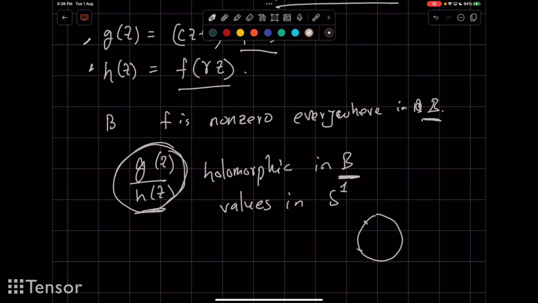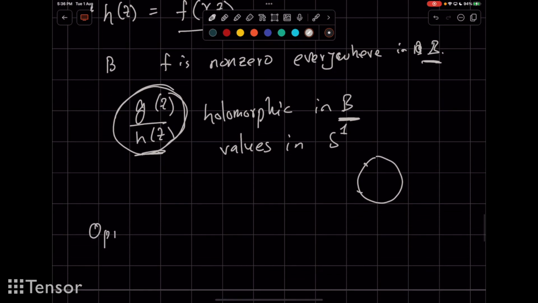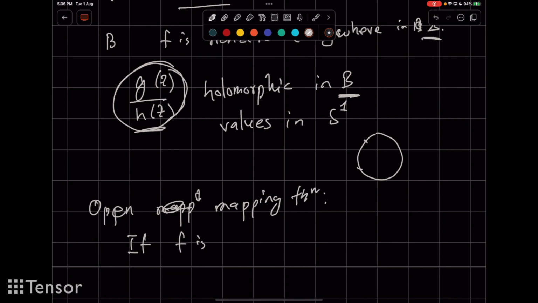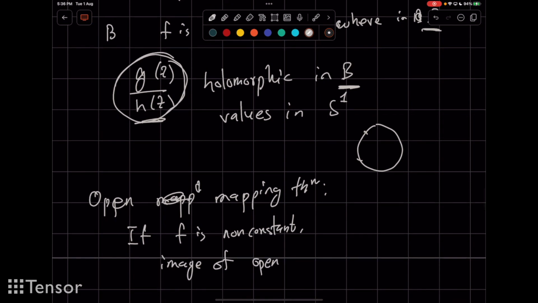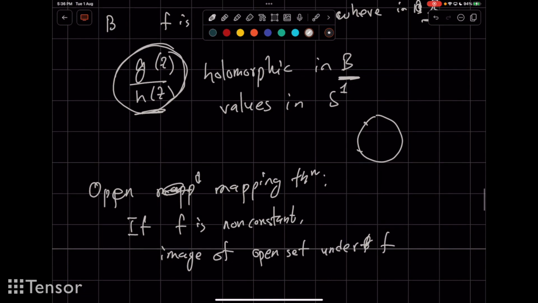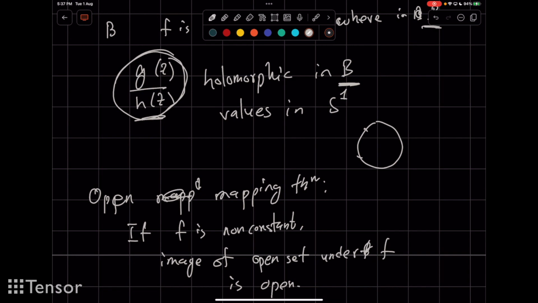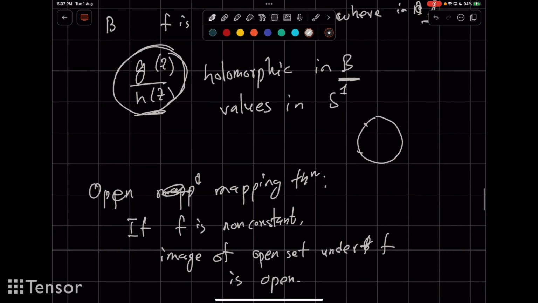So let me state the argument again. The open mapping theorem states that if, let's say, f is non-constant, the image of an open set under f is open, right? So if this function is non-constant, it takes an open set to another open set.